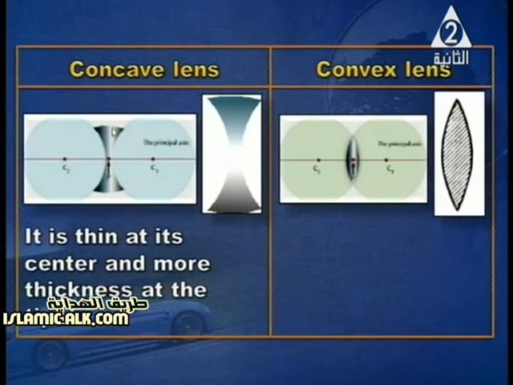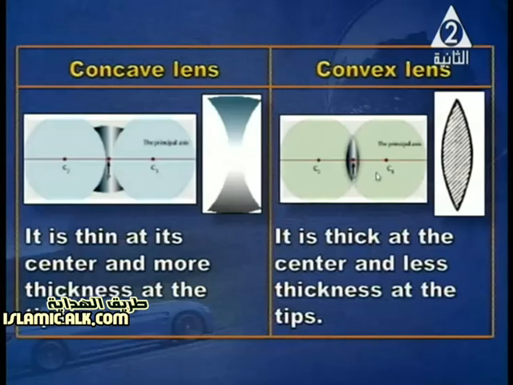from the two tips and thin at the center, while the convex lens is formed due to the intersection of two spherical surfaces, which is thick from the center and thin from the two tips of the lens.